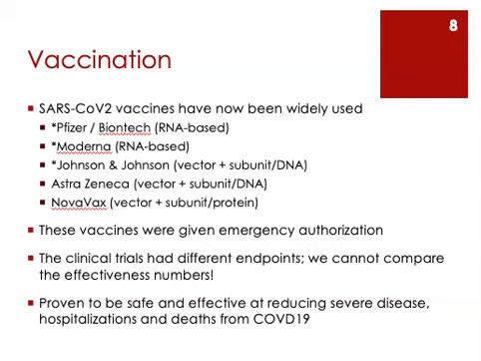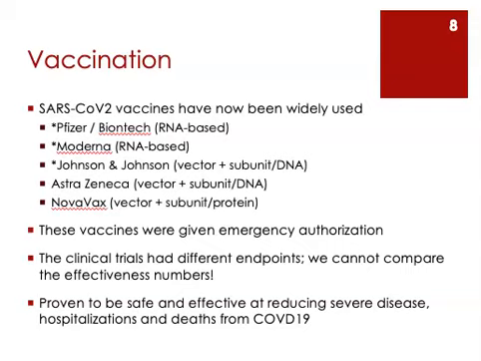Different endpoints for each of the studies. That means you cannot compare those numbers from one vaccine to another. You can't say, well, the Pfizer vaccine is the best vaccine because it's 94% effective. The Pfizer vaccine was evaluated differently than the Moderna and the Johnson & Johnson and all the others. They used different endpoints. That's why they generated different percentage effectiveness.